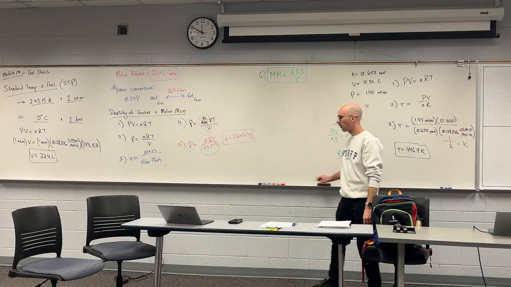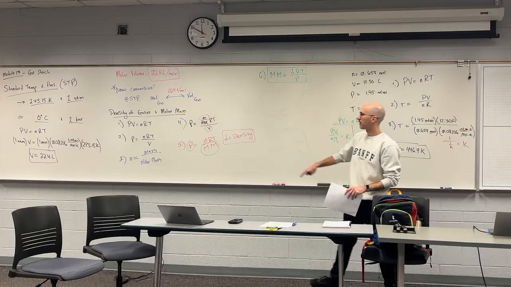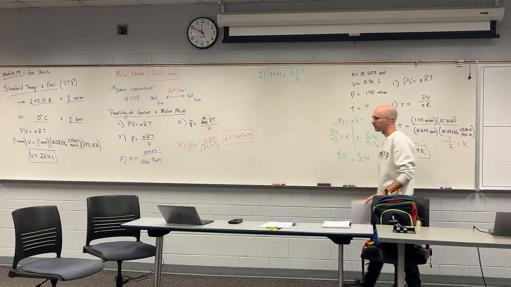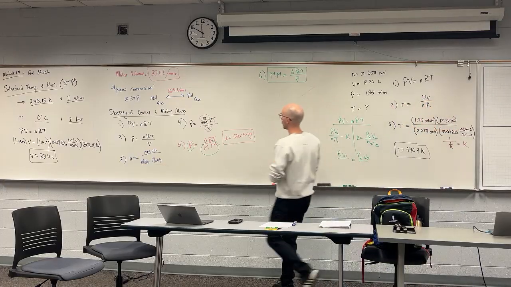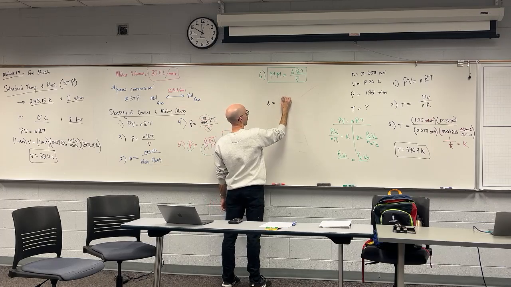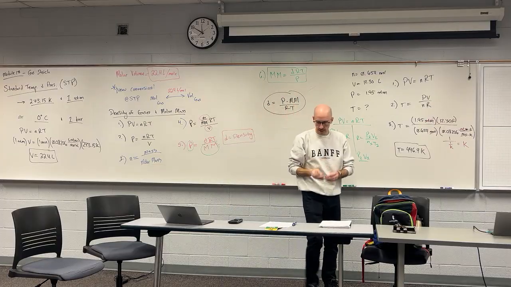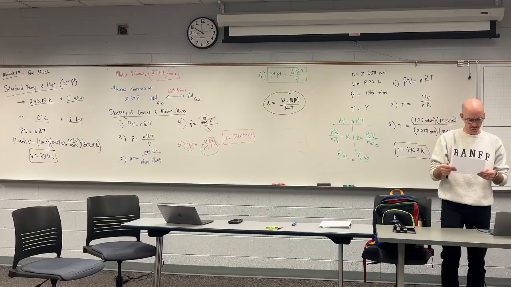So to solve that problem 4 on your worksheet, you'll have to use this equation. And you'll write density equals pressure times molar mass of Freon divided by RT. And that is actually an equation given to you.